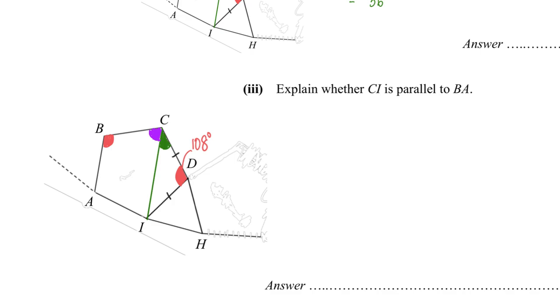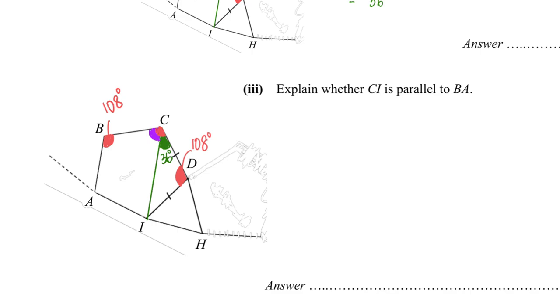I already know this is 108 degrees, because it is an interior angle of this regular pentagon. I hope you can see that here is the purple angle BCI and the green angle, which we have successfully found earlier, 36 degrees.